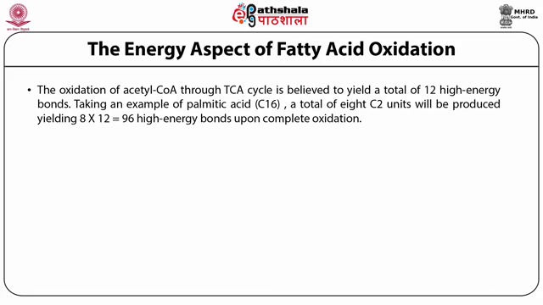The Krebs cycle, or the citric acid cycle, or the tricarboxylic acid cycle, is believed to yield a total of 12 high energy bonds.